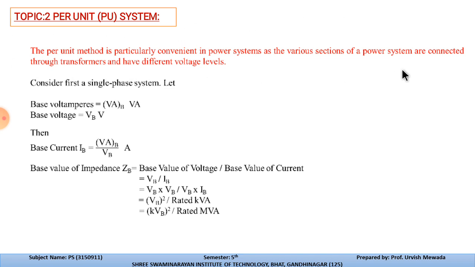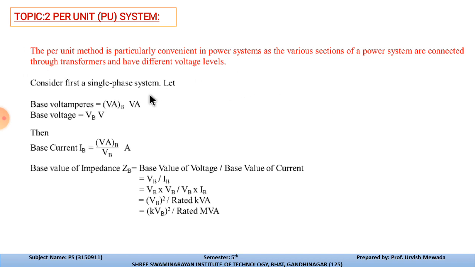Complex networks have a number of transformers which are required to change the voltage level of the transmission system. Due to these different voltage levels, it is quite complicated to analyze that network. We need to convert that network into its equivalent impedance, and after that we can calculate the per unit system.